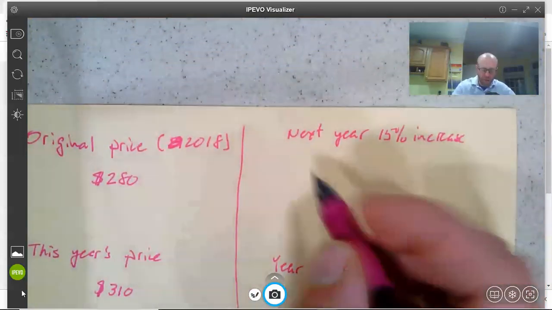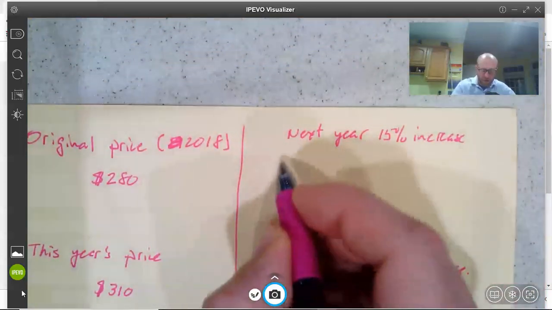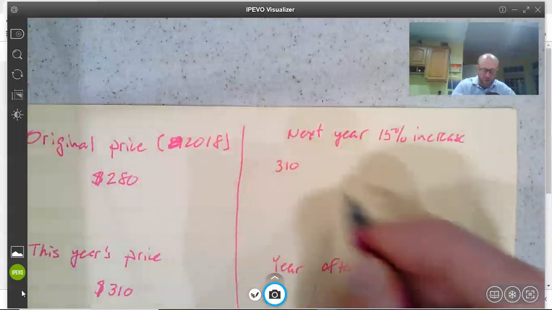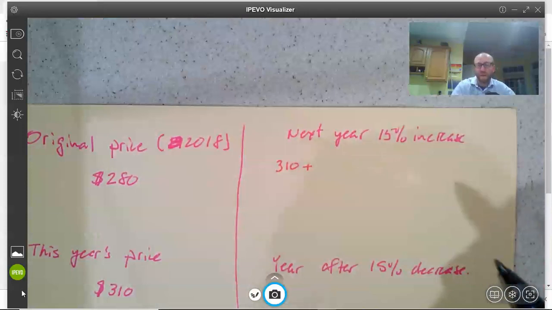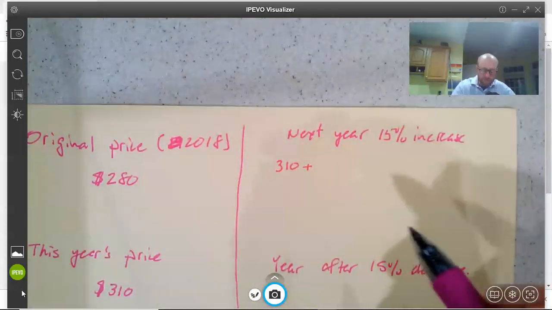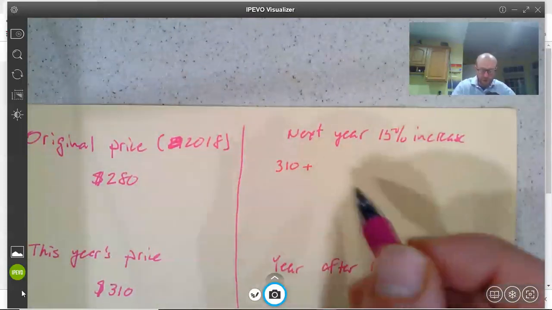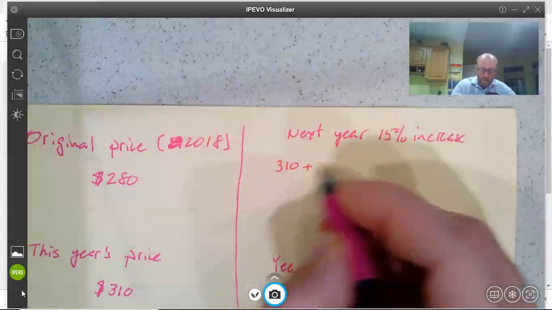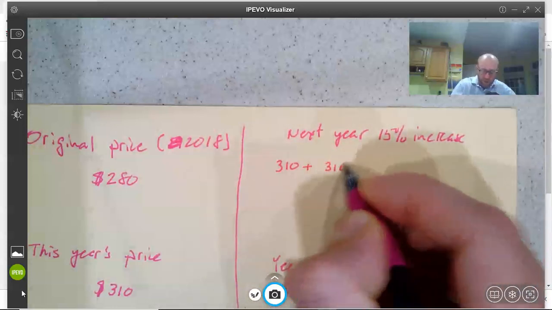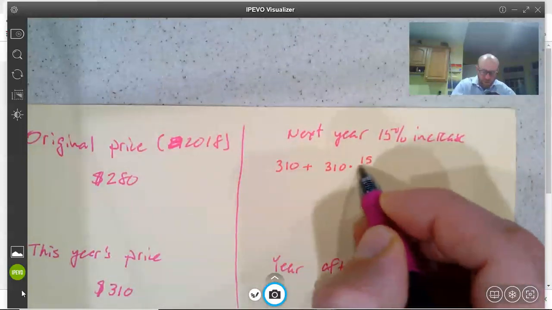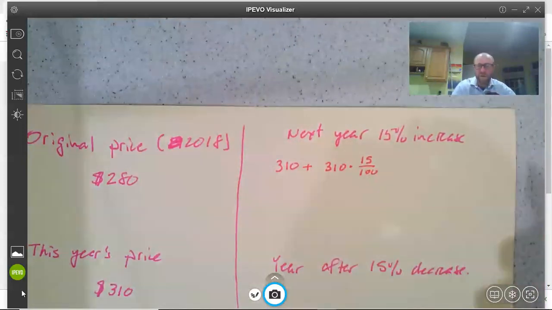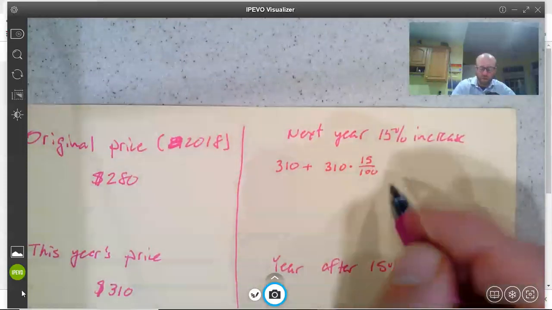Okay, so now let's take a look at what happens when we increase the price by 15%. So that means we take the original price, which is currently $310. We're going to add to it 15% of that price. So we're going to add to it 310 times, and 15% means per 100, 15 per 100.